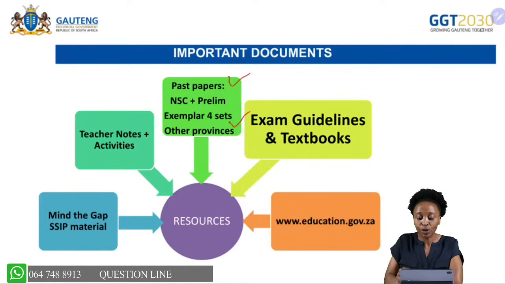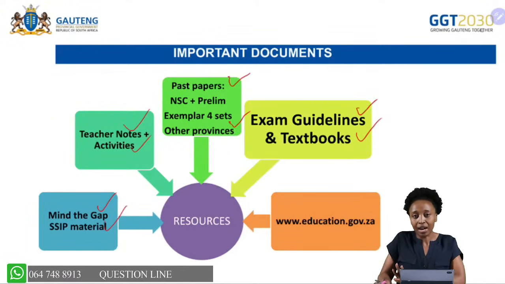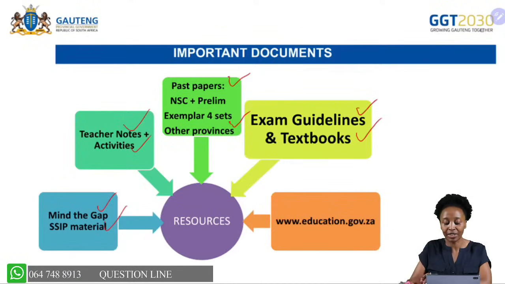Also look at your exam guideline and the different textbooks, our DBE textbook. Also your Mind the Gap and SIP material, teacher notes and activities. If you do not have access to the past question papers, you can get all the question papers that are related to life sciences from this website, www.education.gov.za.